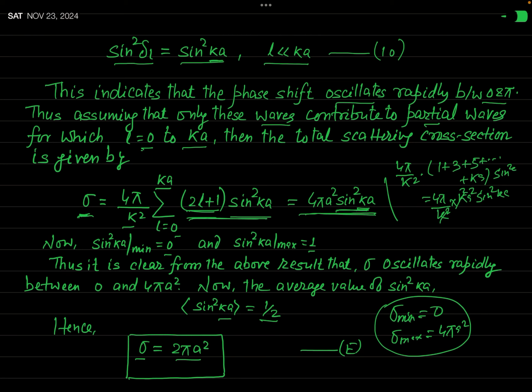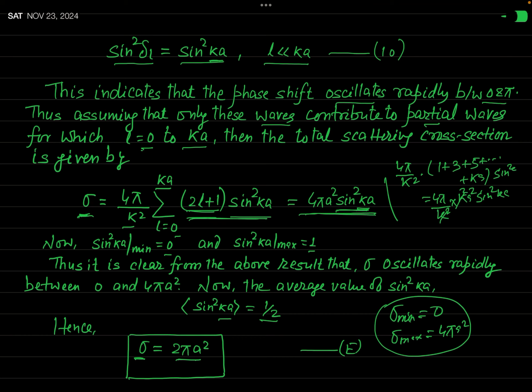When you see this result, we are definitely surprised because in the low energy limit, sigma was 4 pi A square. It was not of oscillatory nature, but in the high energy limit, sigma is of oscillatory nature. It varies between 0 and 4 pi A square, but its observed value is 2 pi A square.